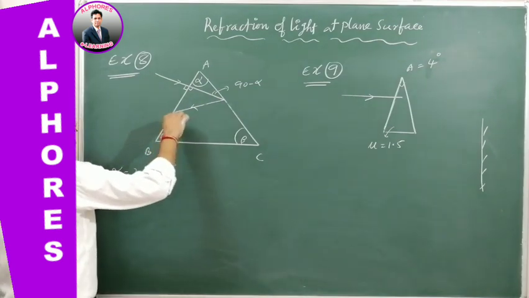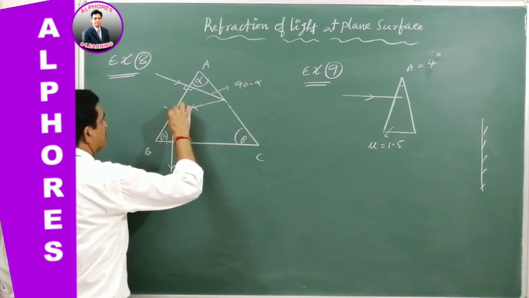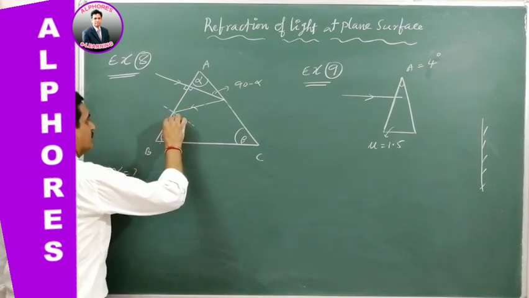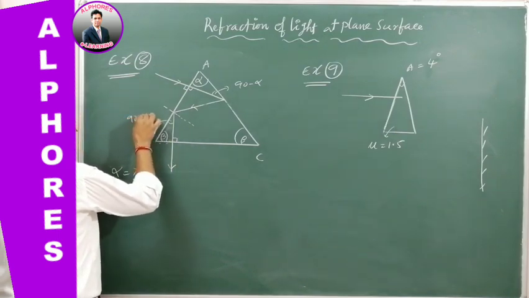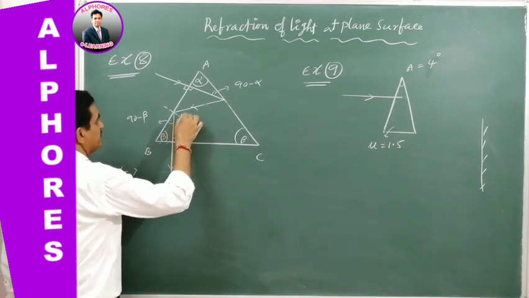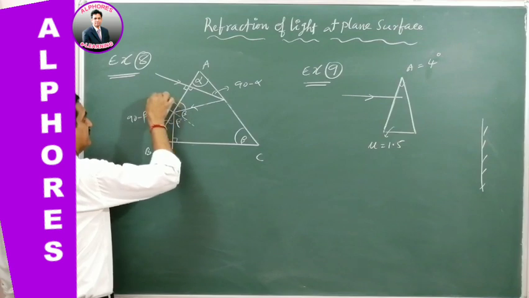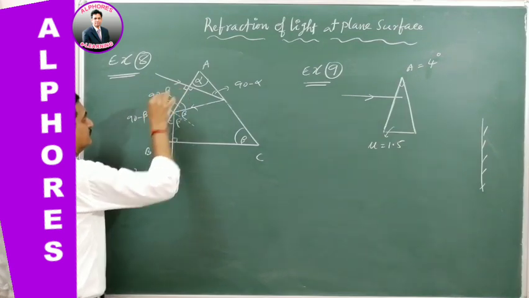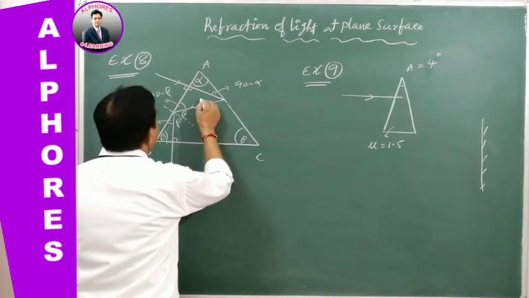Now a normal is drawn over here. Here also it is 90 degree. This angle is 90 minus beta. If it is 90 minus beta, this angle is beta. This angle is beta. This is also 90 minus beta.